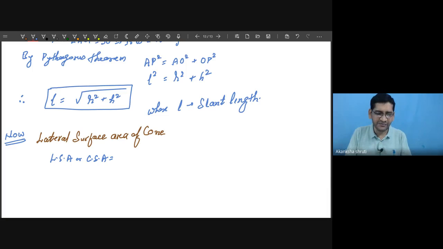Do you have any idea? Students, it is obtained by pi r multiplied with the length L. So keep in mind, it is not pi r square h or only pi r square, but it is pi r L. Get it?